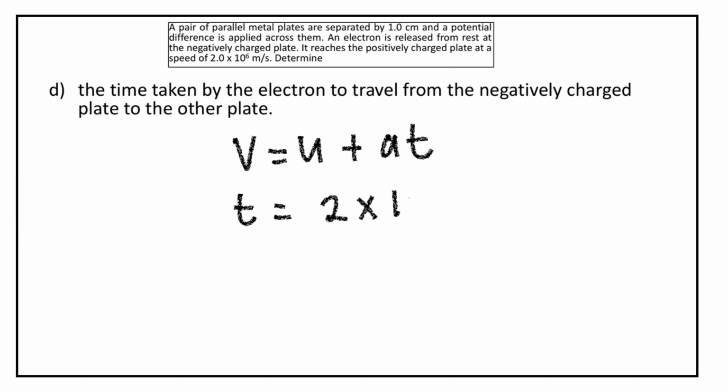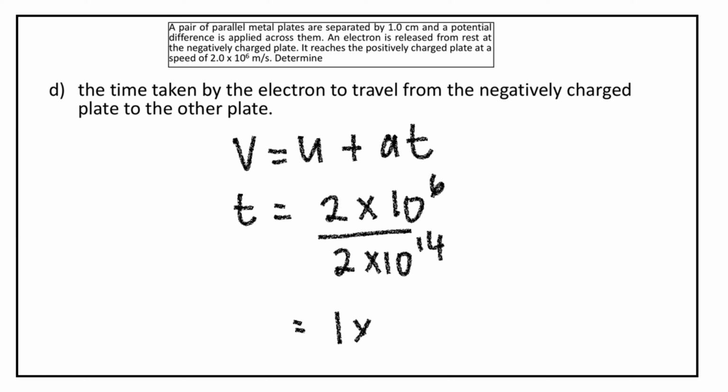So t will be equals to v over a. Substitute the values, we get t equals 1 times 10 power of 14 unit second.